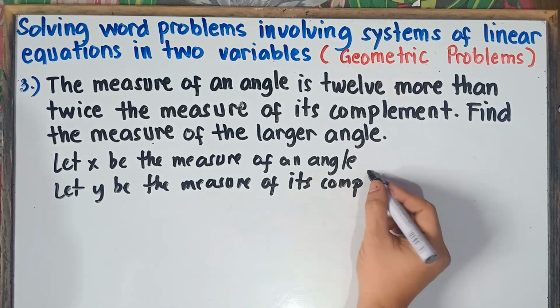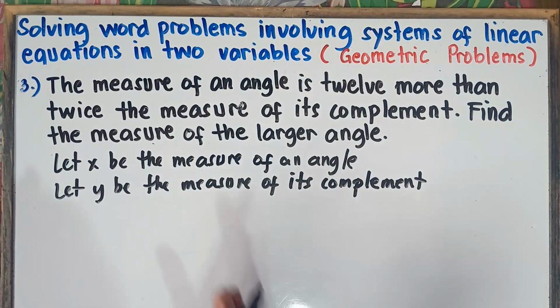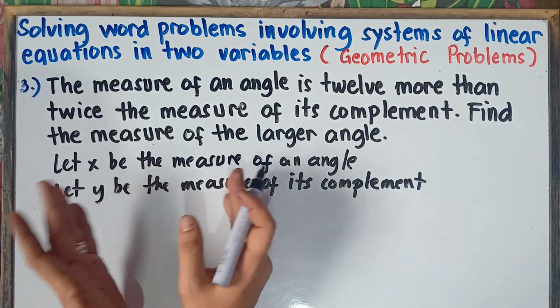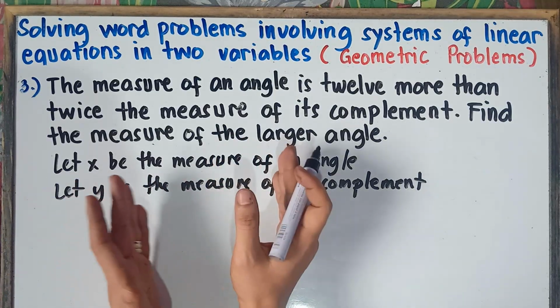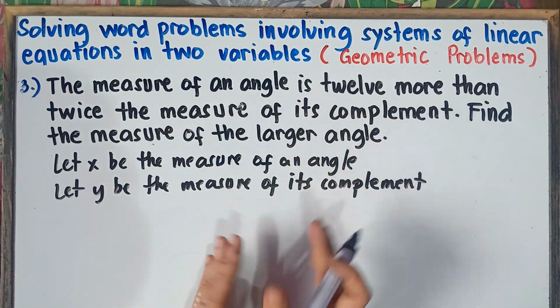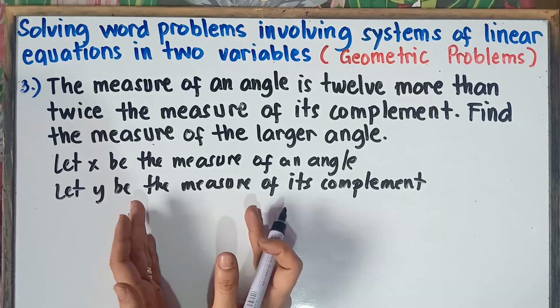Alright, once again, class, the measure of an angle. We don't have it, so let x be the measure of an angle. The measure of an angle is 12 more than twice the measure of its complement. We don't have the measure of its complement, so let y be the measure of its complement.